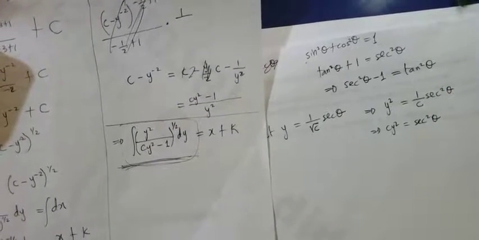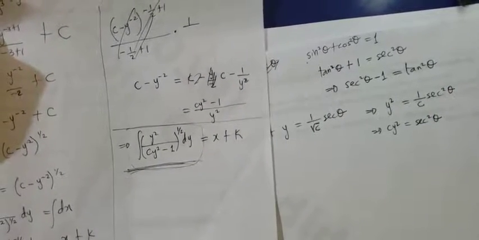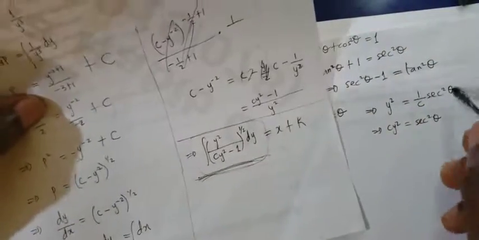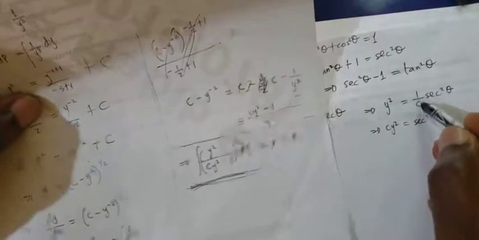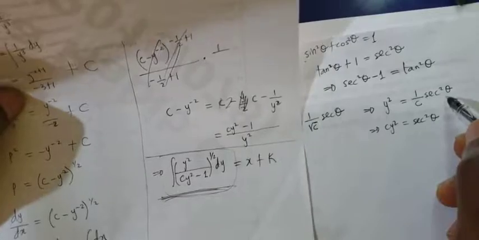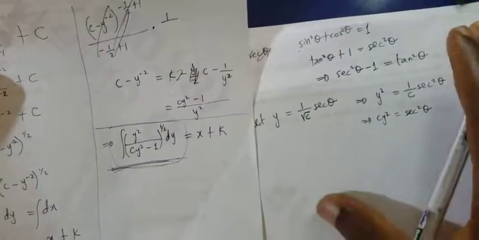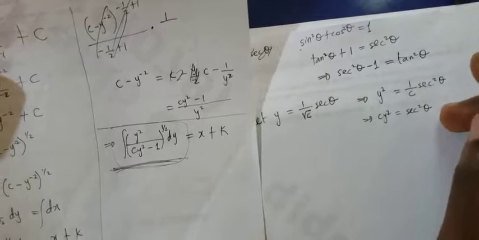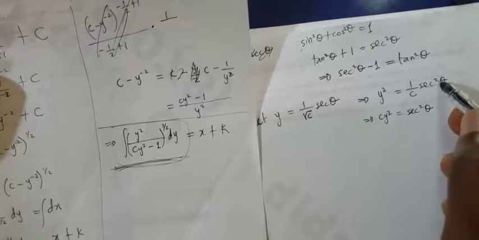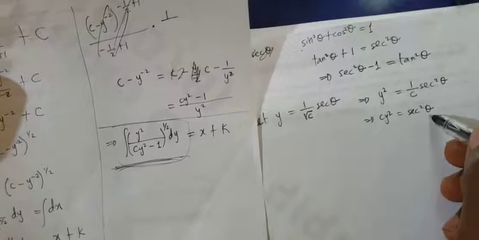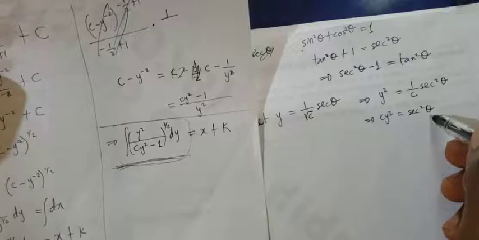Then at the numerator I'm going to have only 1 over c sec square theta. So let's see, that will now give me sec square theta over tan square theta. Will that work out? So yeah, that may be able to help us out.